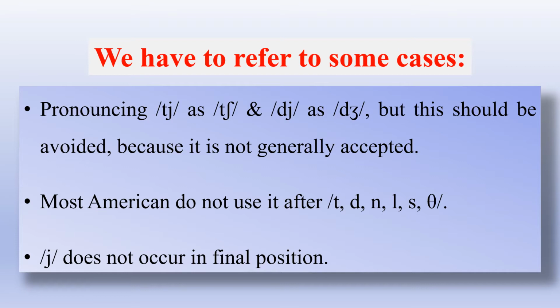We have to refer to some cases of pronouncing, for example, the "tj" in the word "tune" as "choon" by some English people, or they pronounce "dj" in "education" as "ejucation", or they say "chYouTube" instead of saying "YouTube".